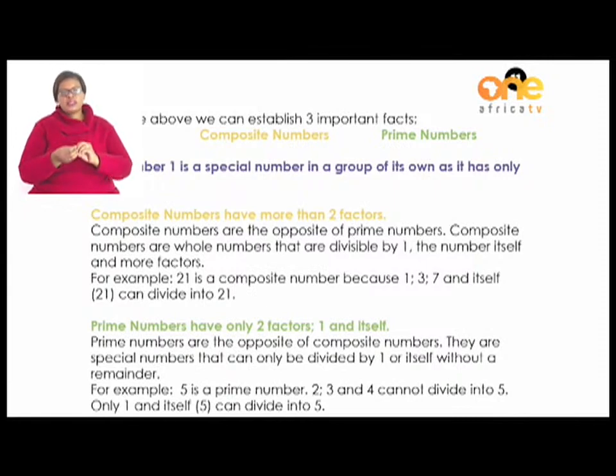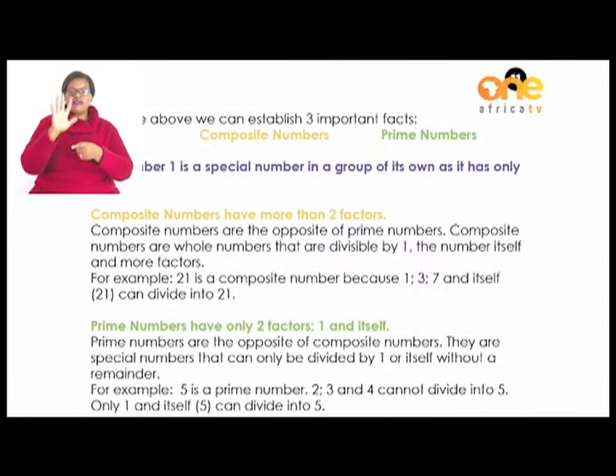They are special numbers that can only be divided by 1 or itself without a remainder. For example, 5 is a prime number. 2, 3, and 4 cannot divide into 5. Only 1 and itself can divide into 5.